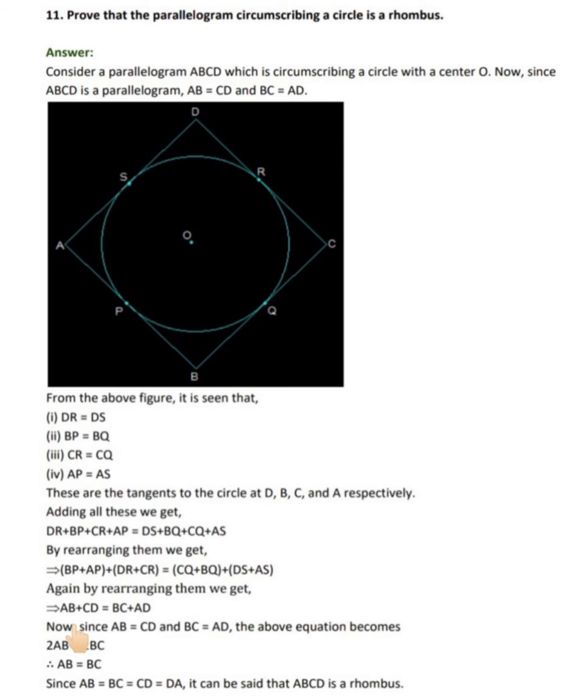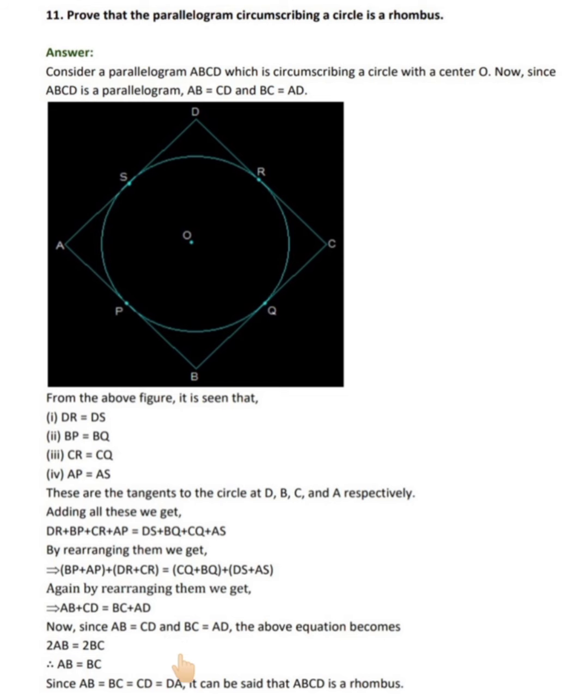So we will get that AB plus CD is equal to BC plus AD. Okay, now since AB is equal to DC and BC is equal to AD, as we have written in the very beginning, because they are opposite sides of the parallelogram, and opposite sides of a parallelogram are equal.